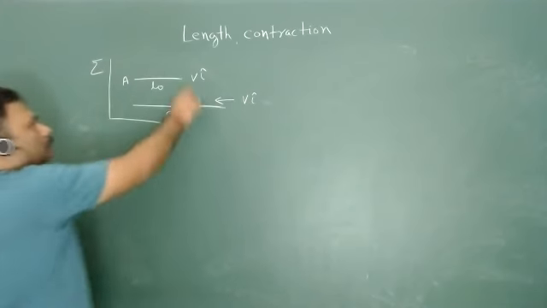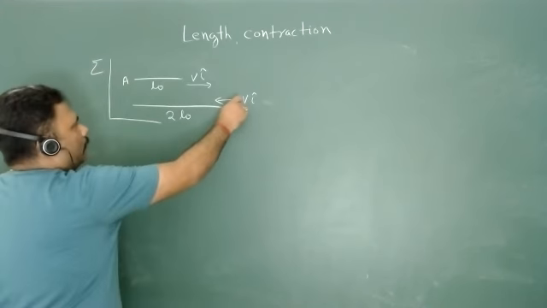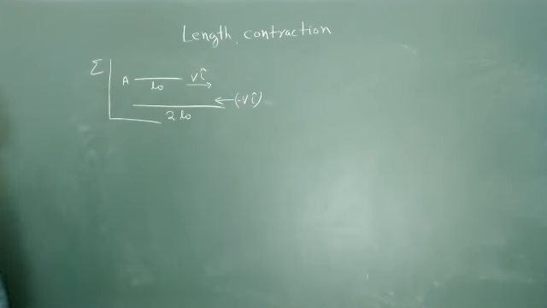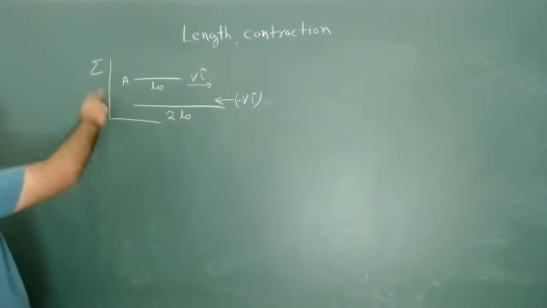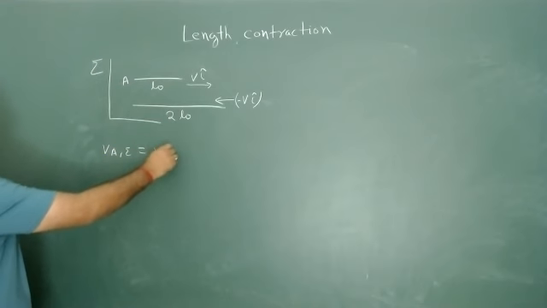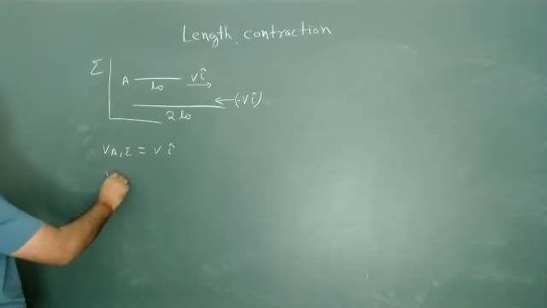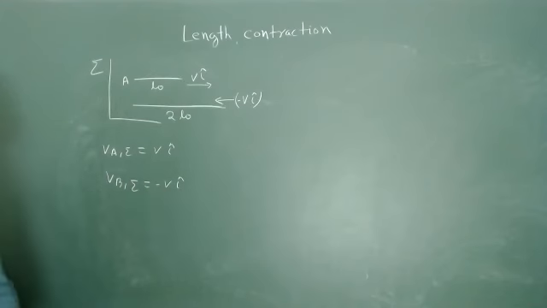So this rod is moving in this direction, and this rod in that direction, so that will be minus v. Both are given with respect to sigma. So the velocity of A with respect to sigma is v i cap, and the velocity of B with respect to sigma is minus v i cap.